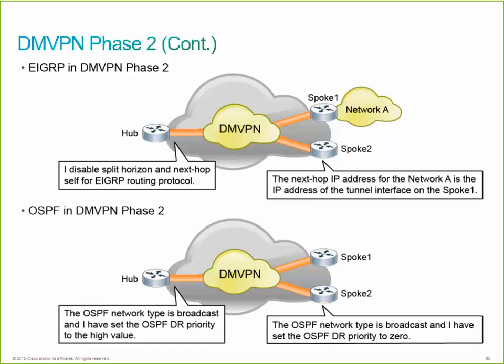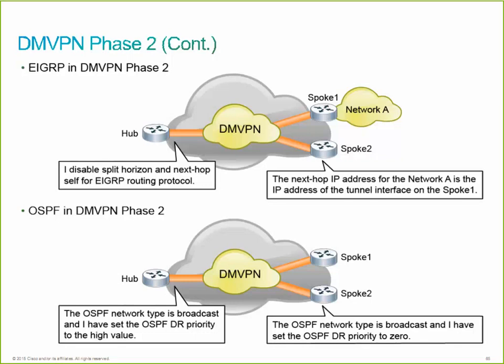Okay? OSPF, as we mentioned before, operates with network types, right? There are like 5 different network types that we see in OSPF. In DMVPN Phase 2, the network looks pretty much like a LAN segment, so it's a broadcast network type.